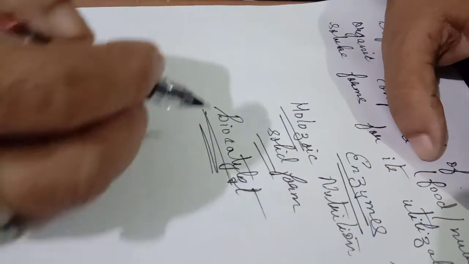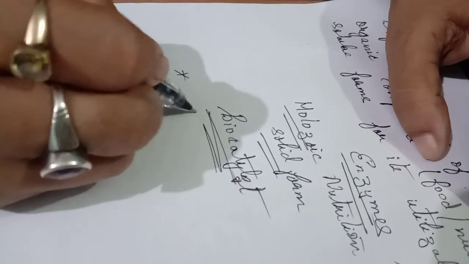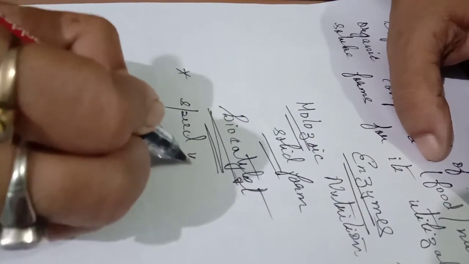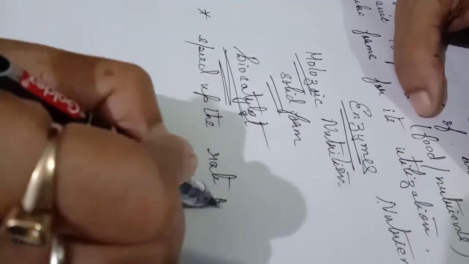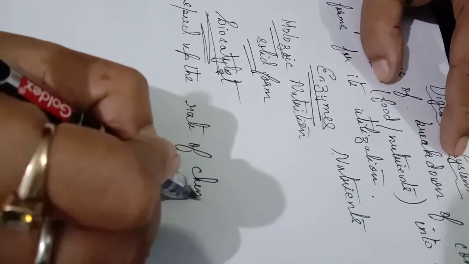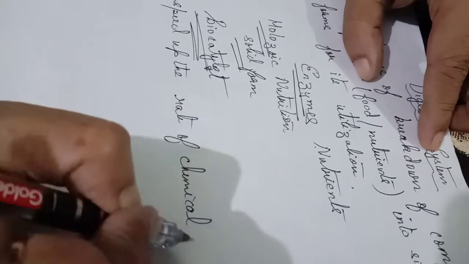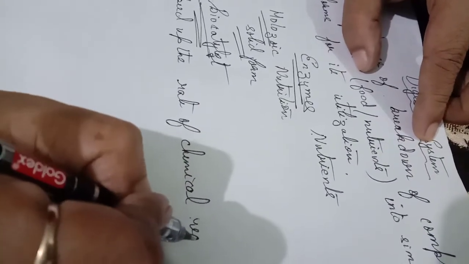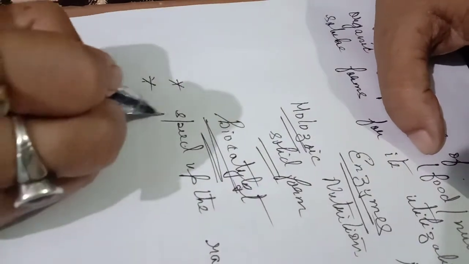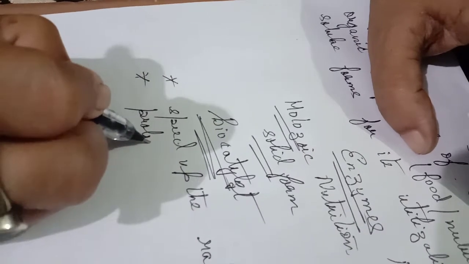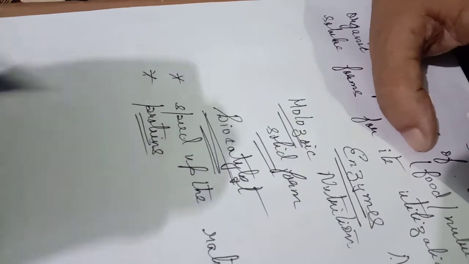What is their function? They speed up the rate of a chemical reaction. Now, they are chemically made up of proteins. Enzymes are made up of proteins.